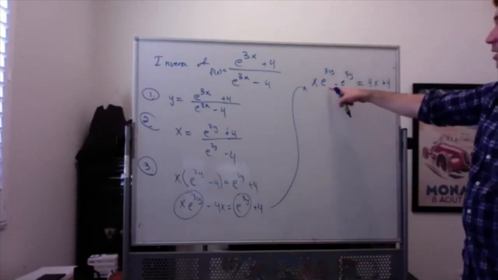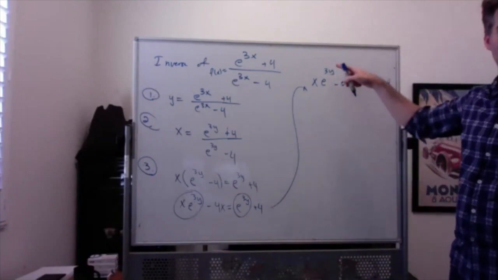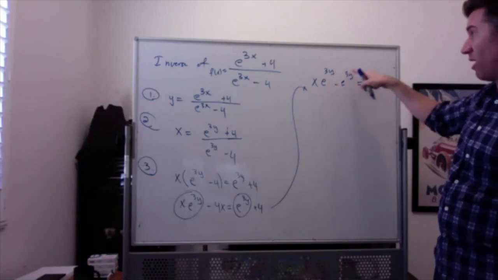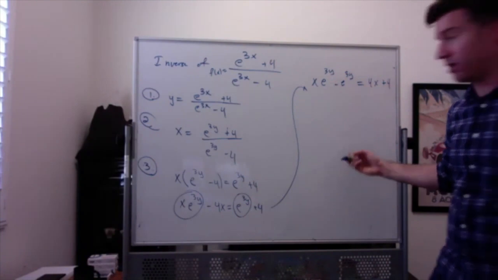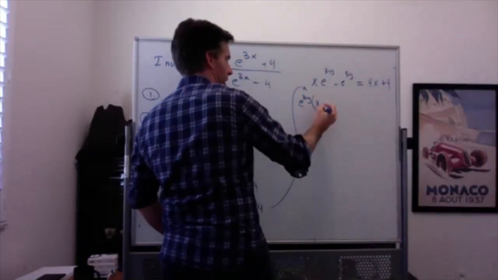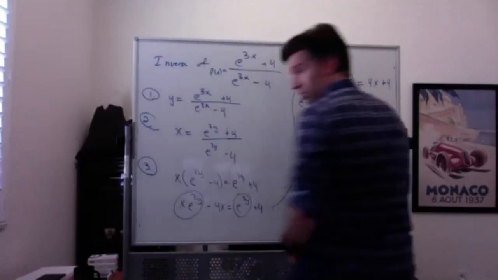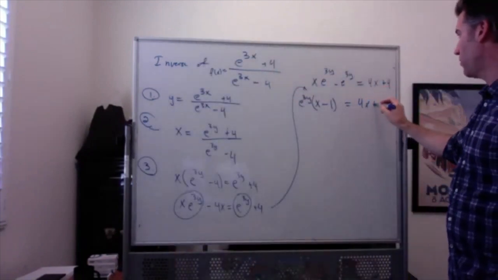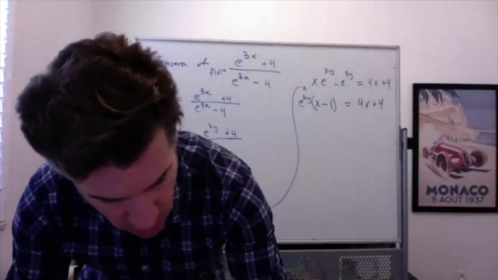Then I can factor. This wouldn't work if the e to the whatevers had different powers. But since they're both e to the 3y, I can factor out e to the 3y. So I've got e to the 3y times x minus 1 equal to 4x plus 4.